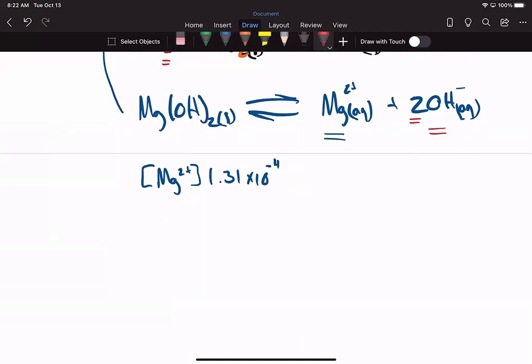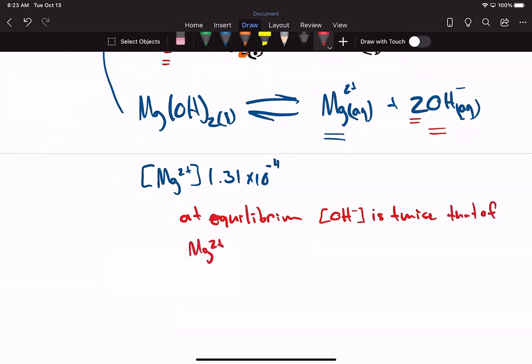So we can write this down. We'll say at equilibrium, the concentration of hydroxide is twice that of magnesium.